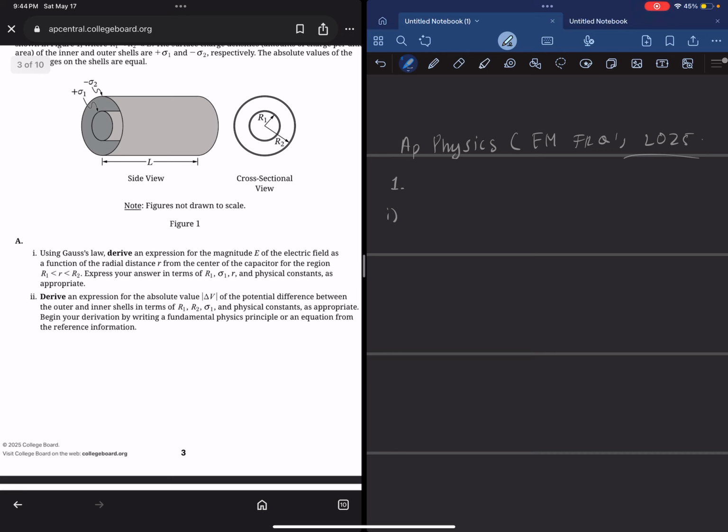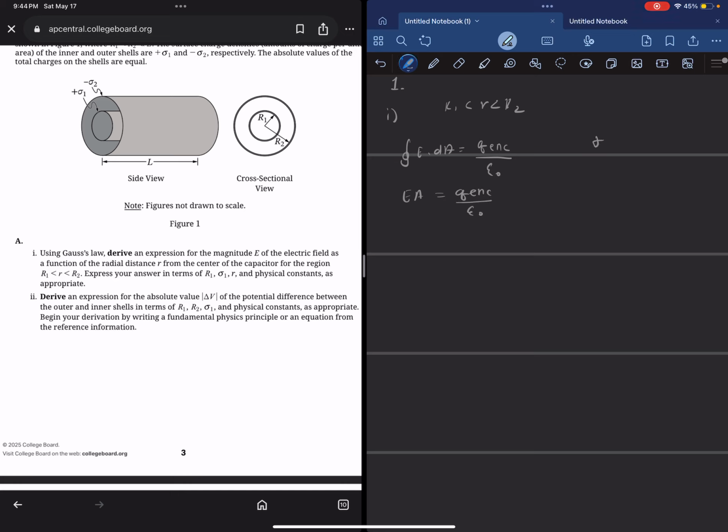Use Gauss's law to derive an expression for the magnitude of E in terms of R1 between R1 and R2. So we have the surface integral of E dot dA equals Q enclosed over epsilon sub 0, and that reduces to E times A, which equals Q enclosed over epsilon sub 0.